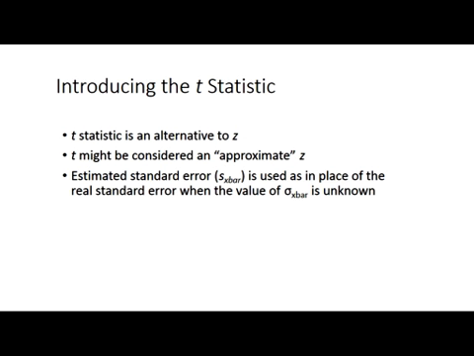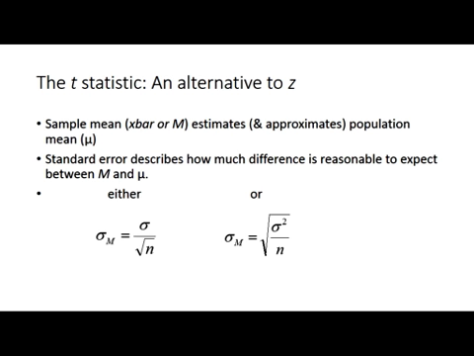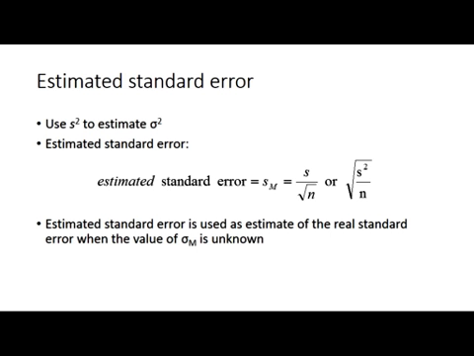What it does is it uses the estimated standard error in place of the real error when the value of the population mean is unknown. Now, the t-stat, as I mentioned, uses the sample mean to estimate the population mean, and the standard error describes how much difference it is reasonable to expect between the sample mean and the population mean.